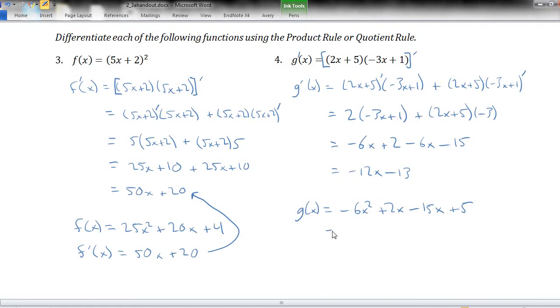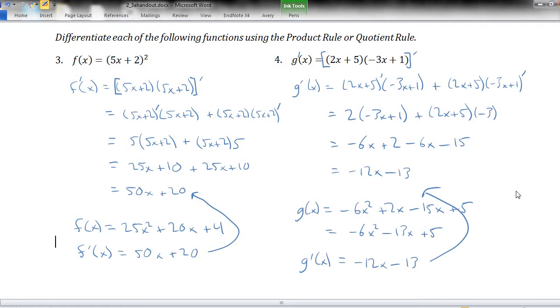And that g of x simplifies to negative 6x squared minus 13x plus 5. And using the power rule, we get the derivative of that to be 2 times negative 6 is negative 12x to the 1, minus 13, and the derivative of 5 is 0. So once again, same thing as we got using the product rule.